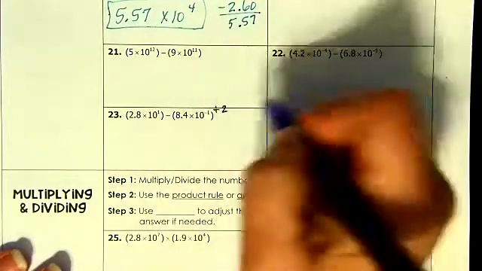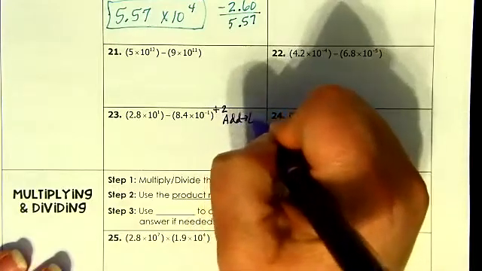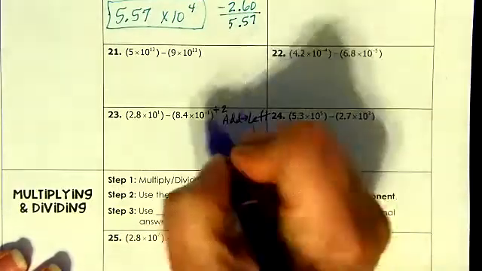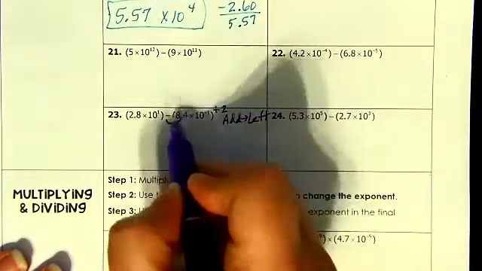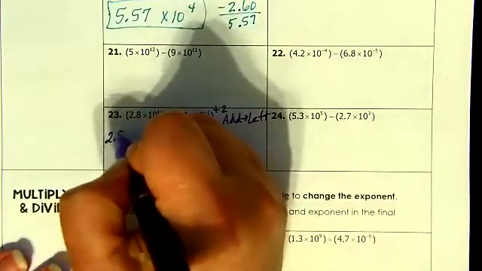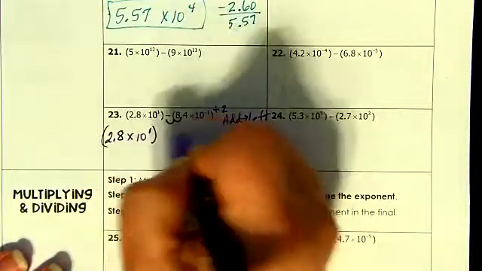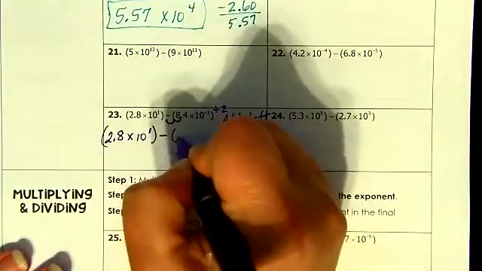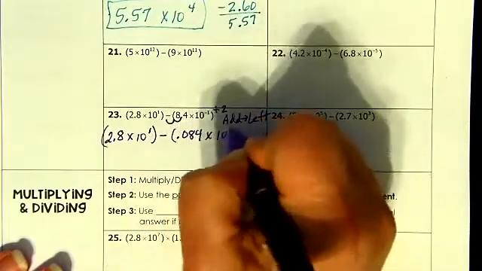Since I'm adding 2, I've got to move to the left twice. 1, 2. Remember, any spots that are left empty, we put a 0. So these are rewritten as 2.8 times 10 to the 1 minus 0.084 times 10 to the 1.